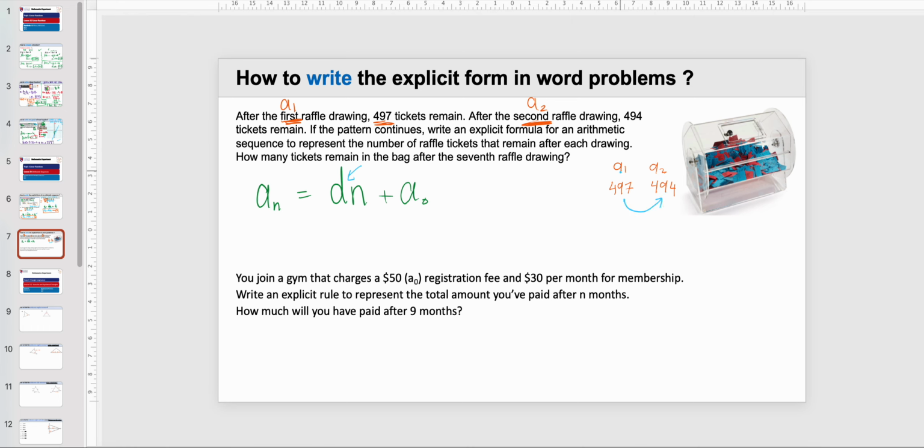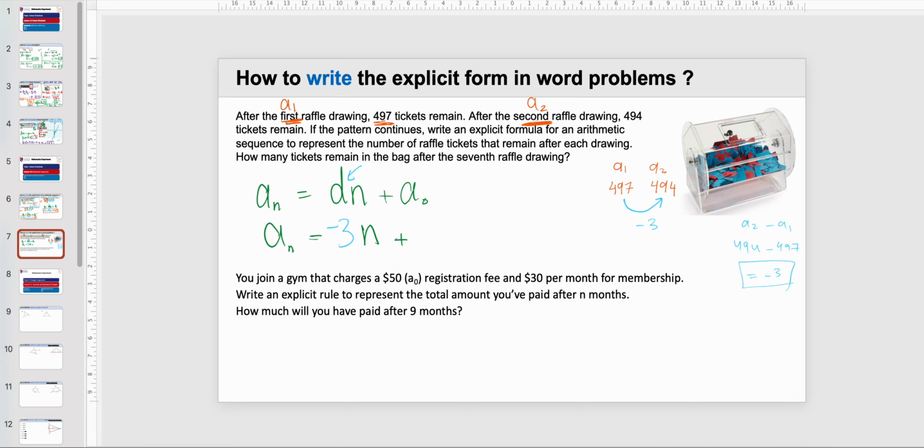Apparently it's subtraction because it's going back down, like it's decreasing. So you can check a2 minus a1, 494 minus 497, the answer is -3. If you check, it's -3. So they are subtracting 3. Now the d is -3. Just write everything as it is.